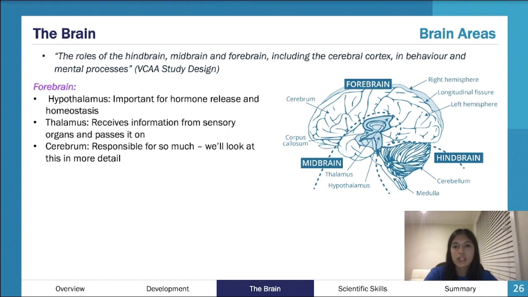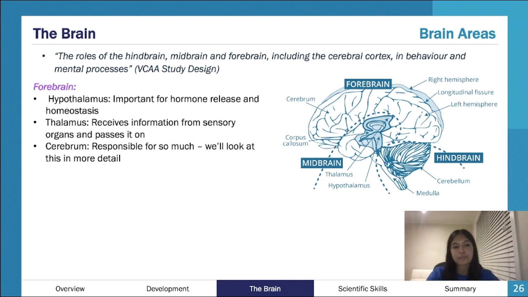Okay, in terms of the actual structures of the brain, you're looking at hindbrain, midbrain, forebrain, and the cerebral cortex. So here we have our hypothalamus and our thalamus and our cerebrum. These are in our forebrain. You can kind of see these in here. Don't worry too much about the fissure or anything like that. Here's the corpus callosum, sort of for context again.